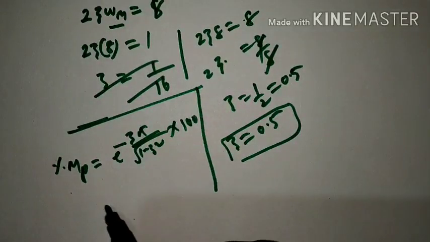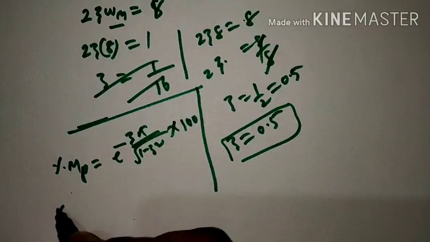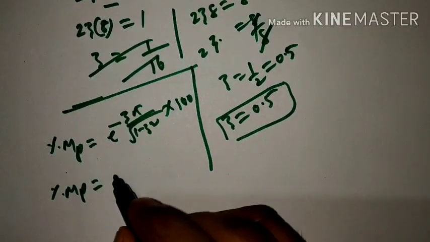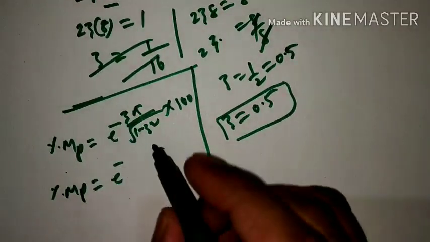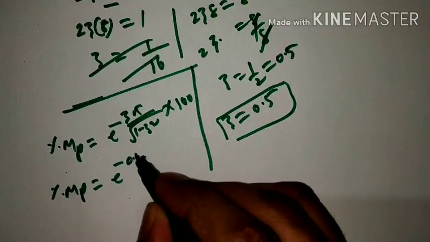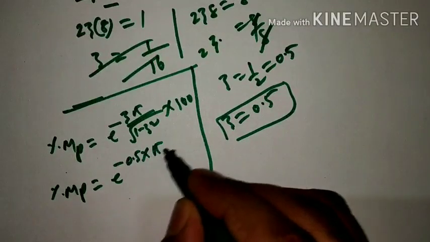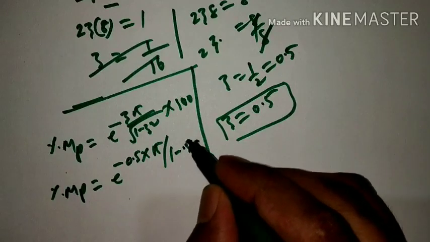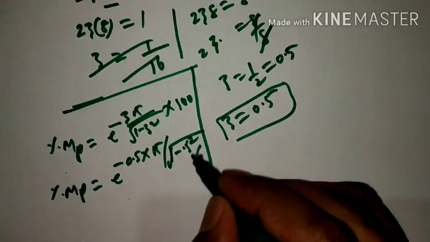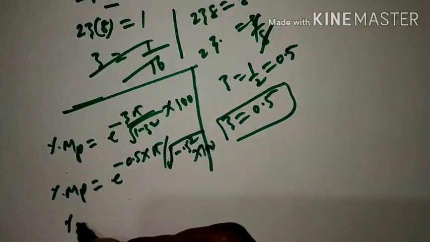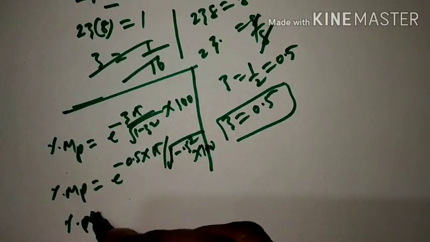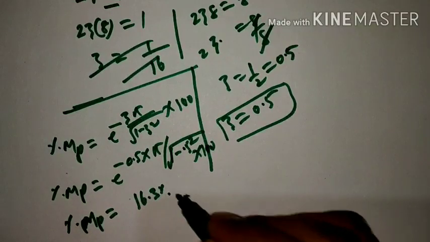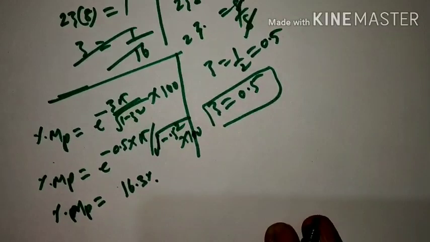When you substitute here, you get e power minus 0.5 into pi by root of 1 minus 0.5 whole square, into 100. So you will get percentage of Mp equal to 16.3 percentage.